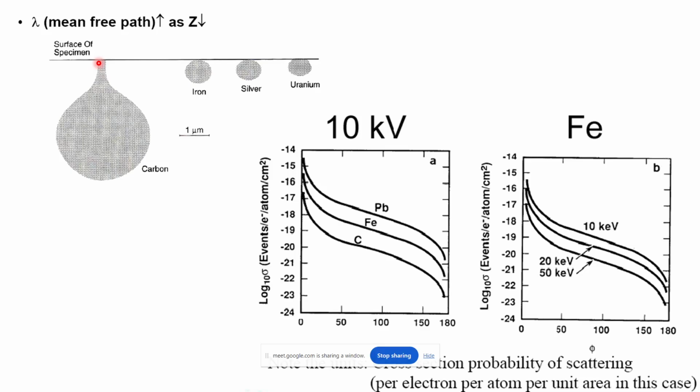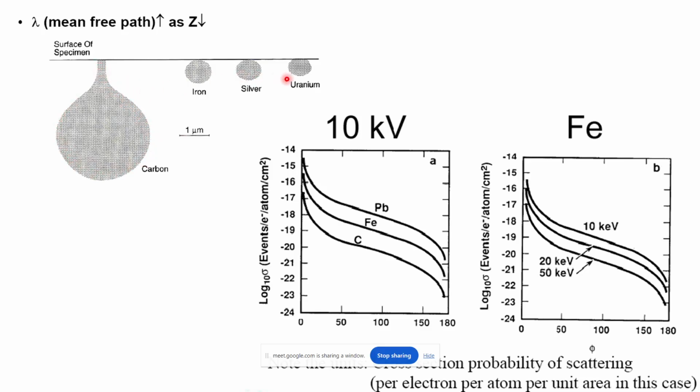This is also given by Monte Carlo simulations. There are some online software packages where you can run this Monte Carlo simulation and find out how the interaction of the electron beam with the specimen takes place. And as I was saying, there is one more thing to keep in mind: at lower atomic number, like carbon, the interaction volume will have a pear kind of shape, where firstly near the edge there will be a long neck, followed by the interaction volume, which is very big.